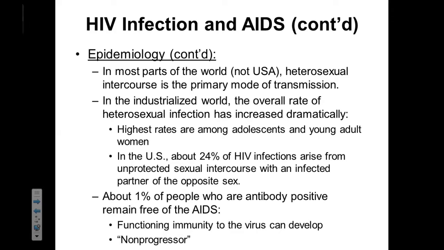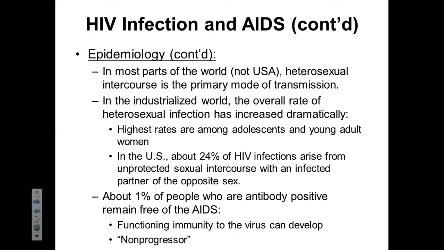Worldwide, heterosexual intercourse is the primary mode of transmission. Within the United States, that isn't necessarily the case, but if we look within the continent of Africa, heterosexual intercourse is by far the most common method of transmitting HIV/AIDS and causing new infections.